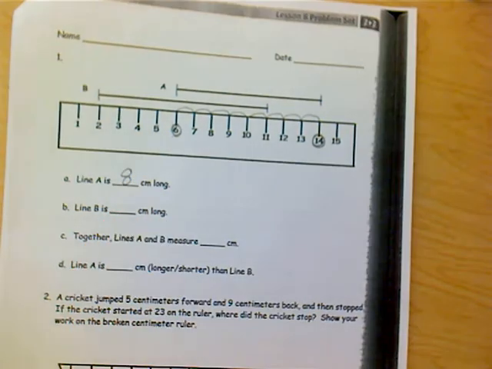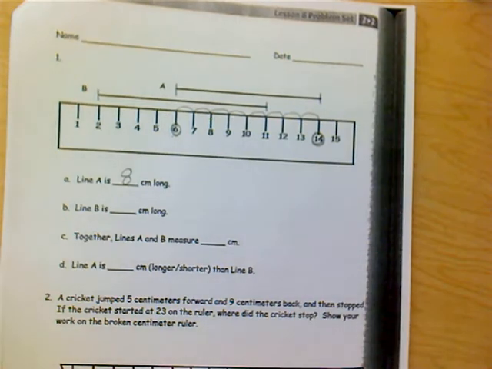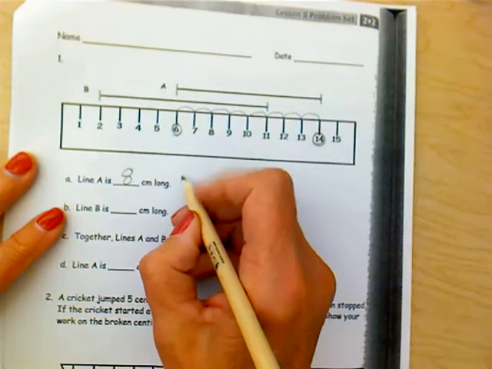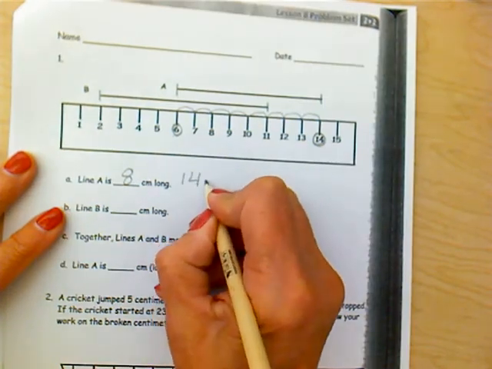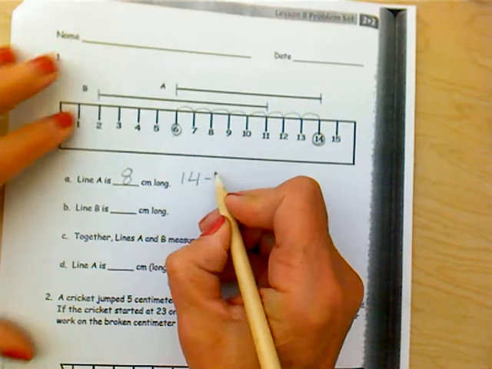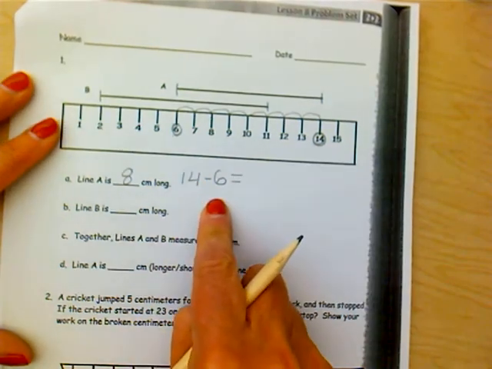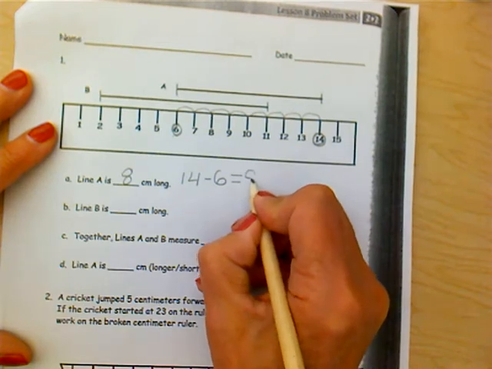Now I could do that by counting with rainbows, but I could also do that by setting up an equation. I ended at 14, my friends, and I subtracted 6 down to 6. So 14 take away 6 would give me 8.